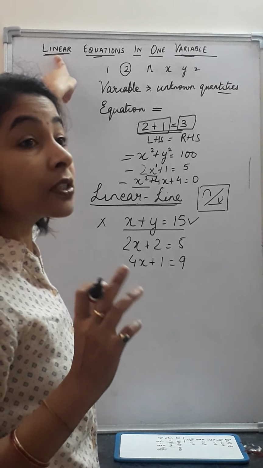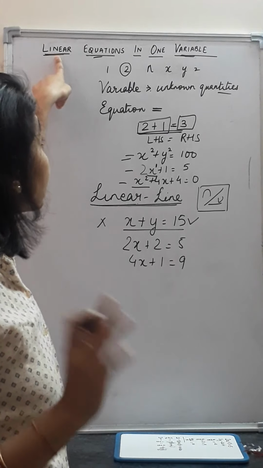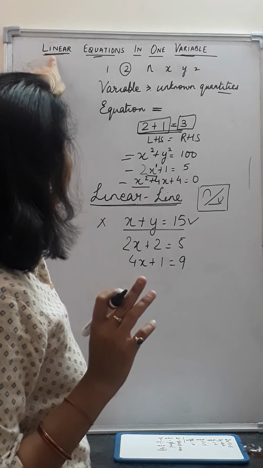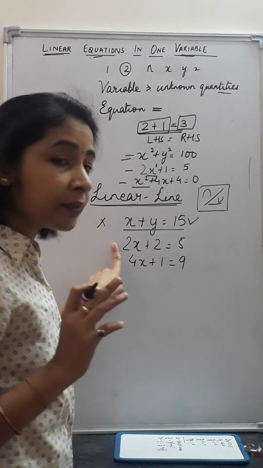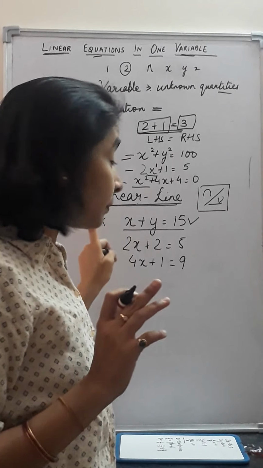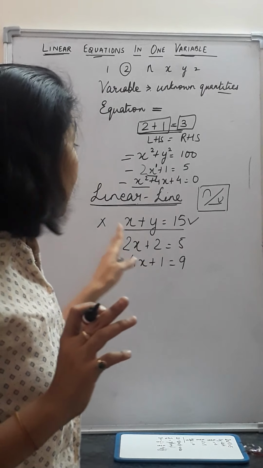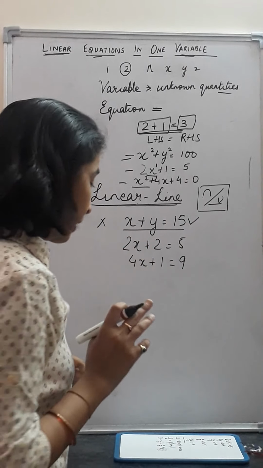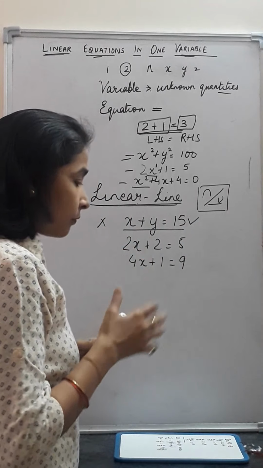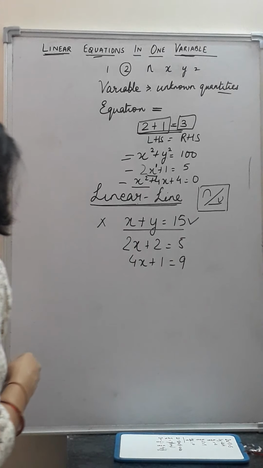Linear means the equation which has the highest power as only 1, and linear equation in one variable means there should be only one variable whose power should not be more than 1, not more than one variable. Okay, the concept of linear equation in one variable is very clear now.